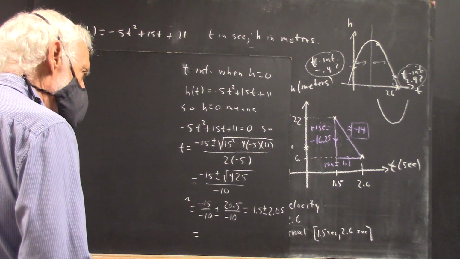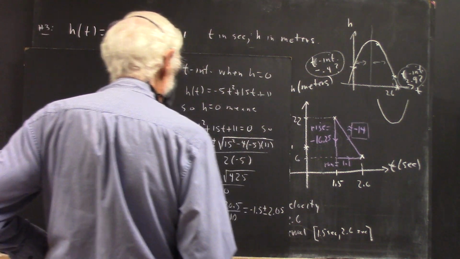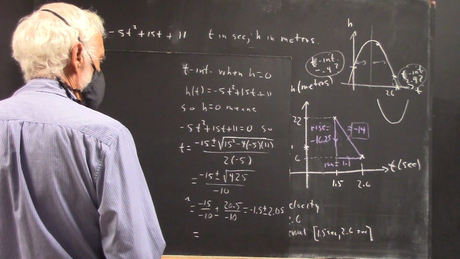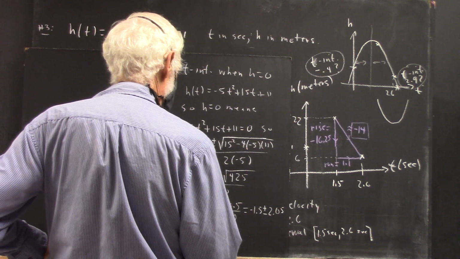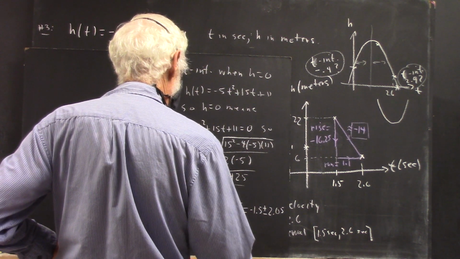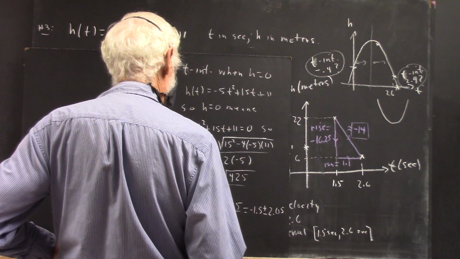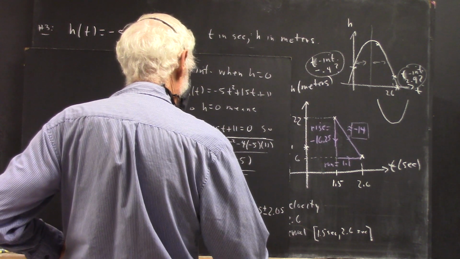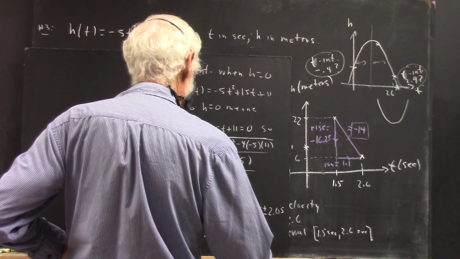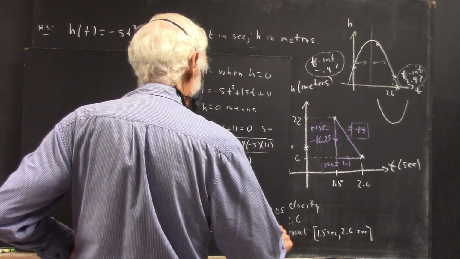plus 2.05 is going to be, I've got a sign wrong here somewhere. I get 0.55 or negative 3.5.